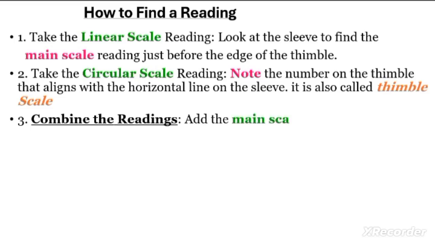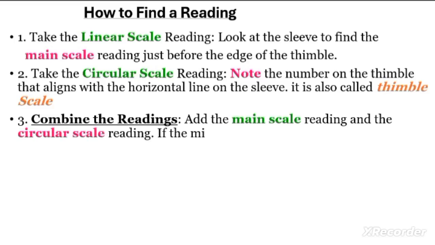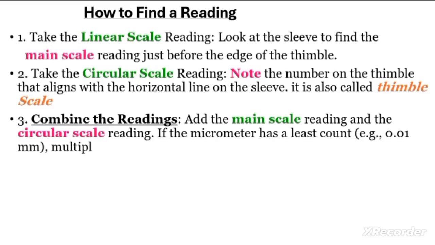So the next thing that we are going to do is to add the main scale and the circular scale. By the way, the main scale is a sleeve scale and the circular scale is a thimble scale. So we are going to add the main scale reading and the circular scale reading.